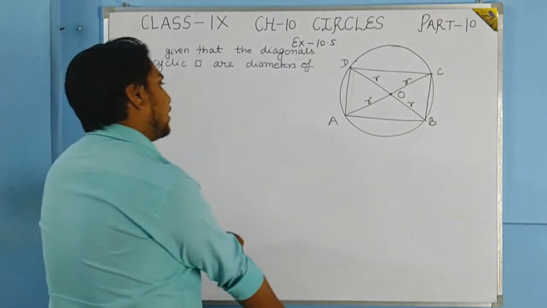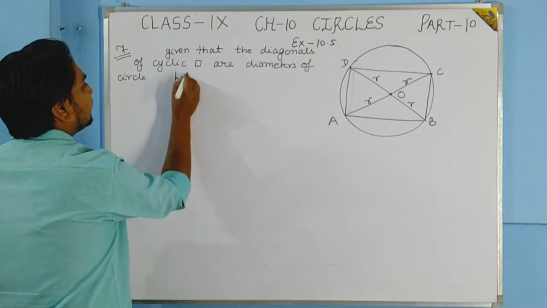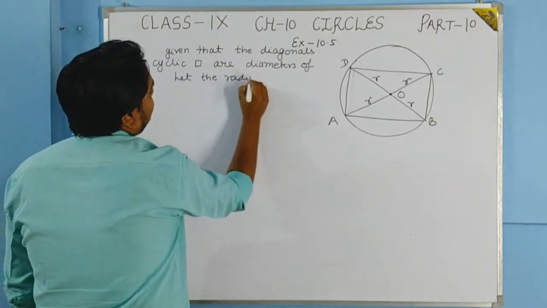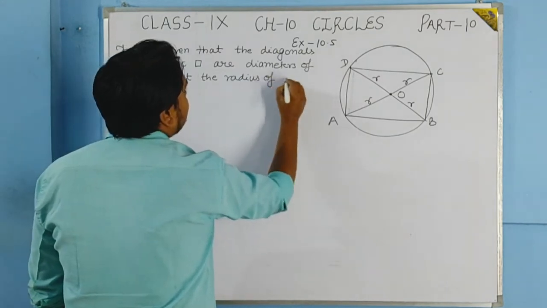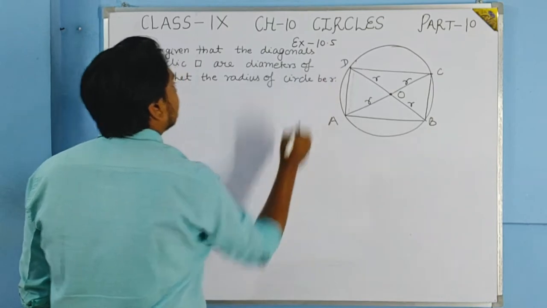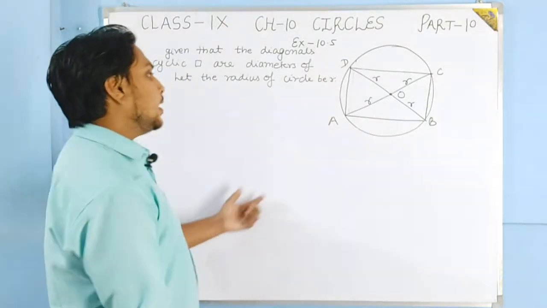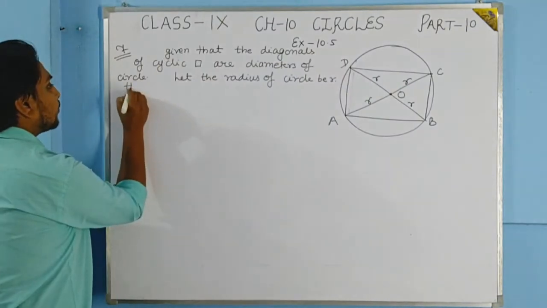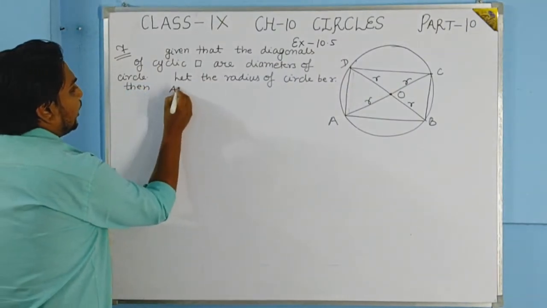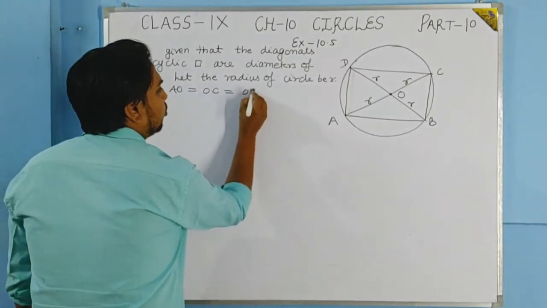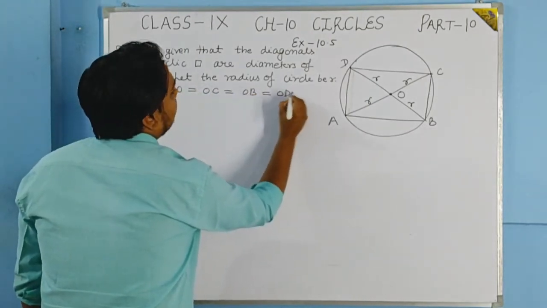So if they are diameters of the circle, let the radius of the circle be R. We have supposed that the radius of the circle is R. Then AO is equal to OC is equal to OB is equal to OD.